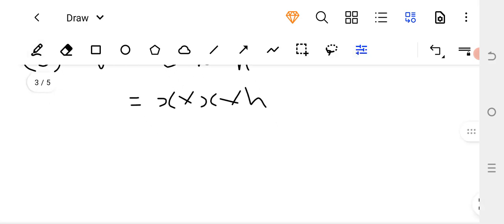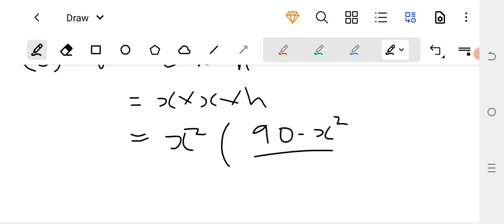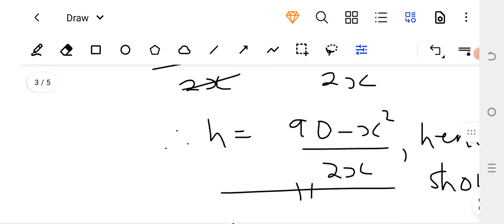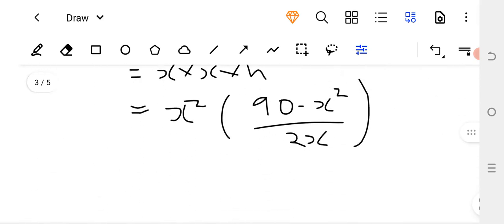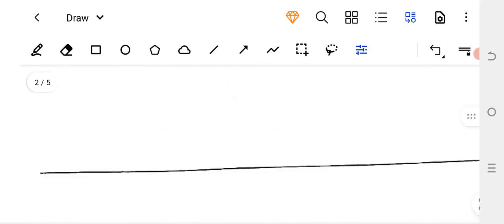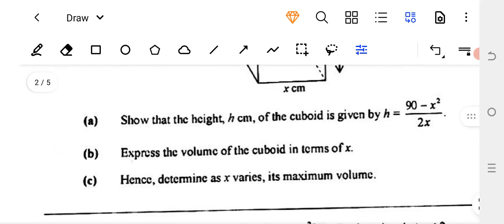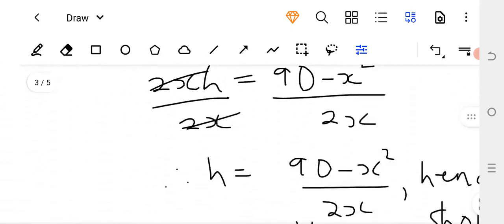Which is equal to x squared h. And then what is our h? We found an expression for h, which is 90 minus x squared divided by 2x. This is our expression for h. And then we can simplify, because they just want you to find the volume of the cuboid in terms of x.